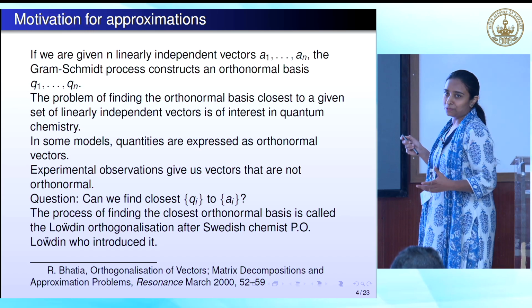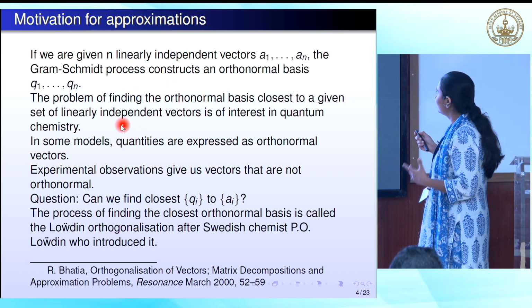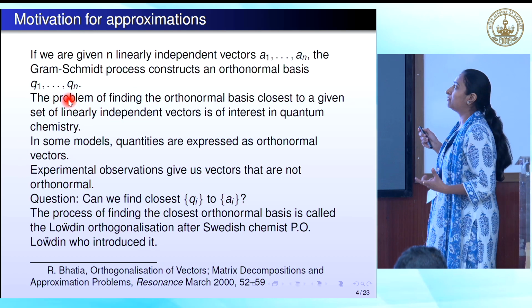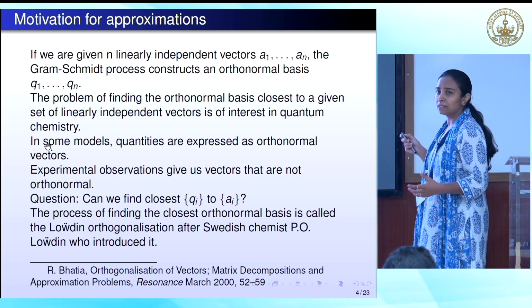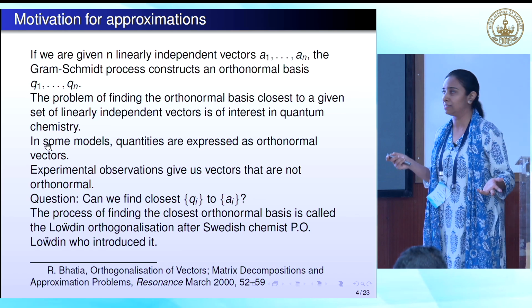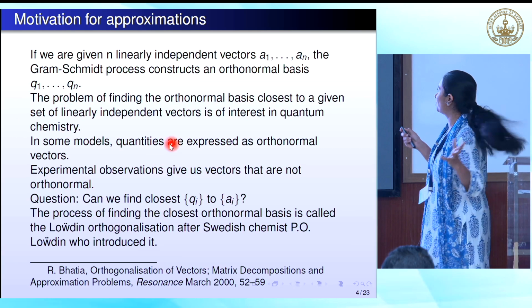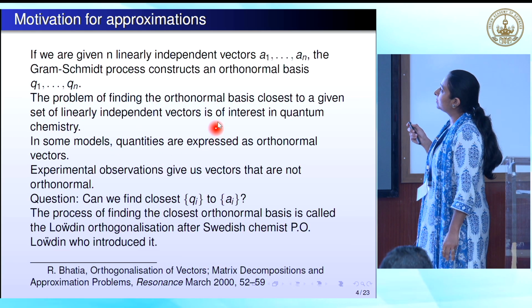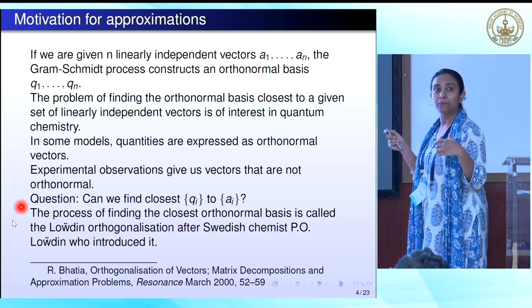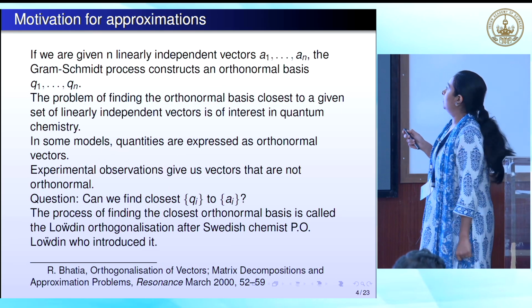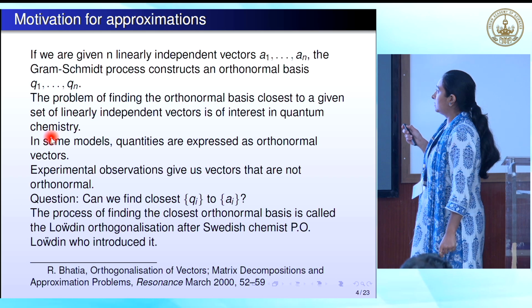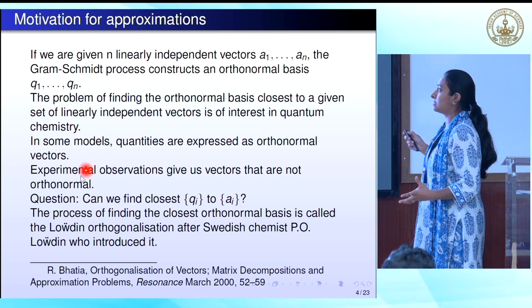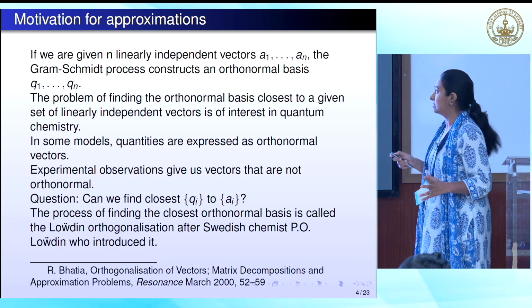Given, in a usual vector space or linear algebra course, we understand that whenever we get linearly independent vectors, Gram-Schmidt tells us how to orthogonalize them. I see a lot of nodding heads from the students, so that's good. The problem is how to find the one which is closest to your beginning vectors. In chemistry itself, in some models, quantities are expressed as orthonormal vectors.